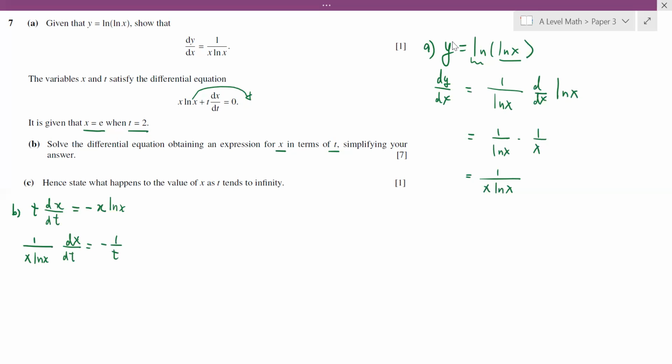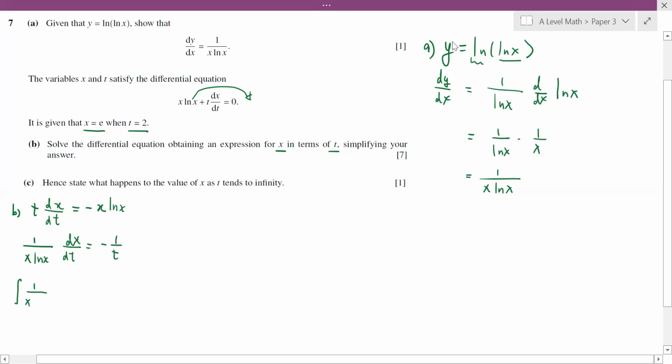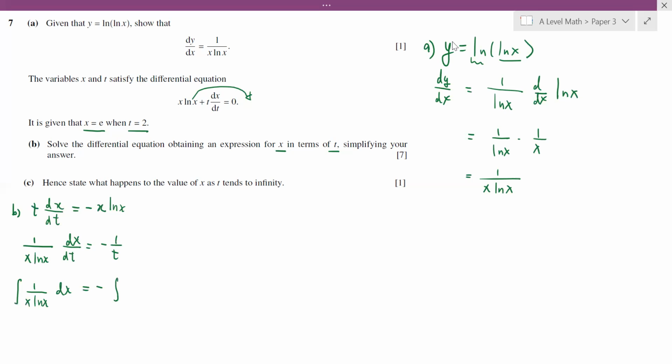Now, integrating with respect to t, we have 1 over x ln x dx on the left, and we have negative the integral of 1 over t with respect to t.